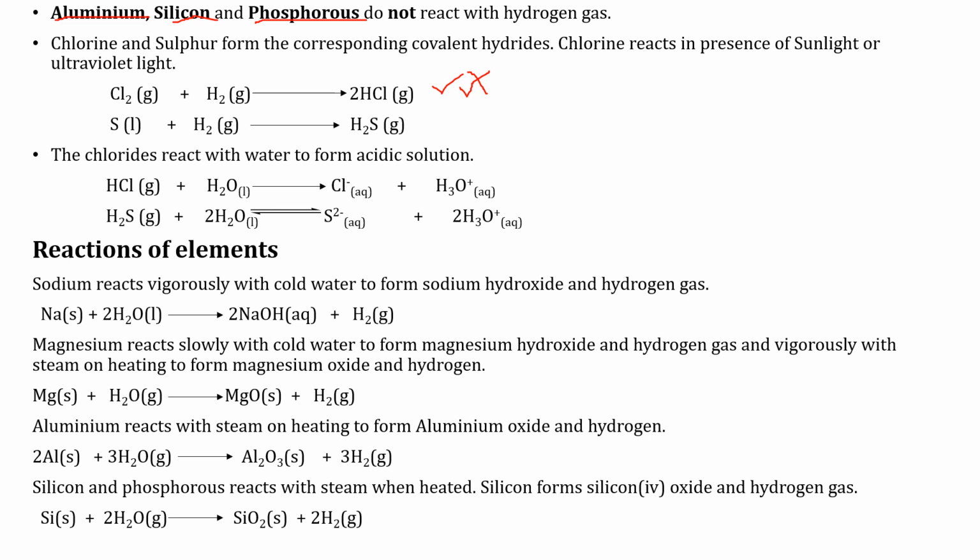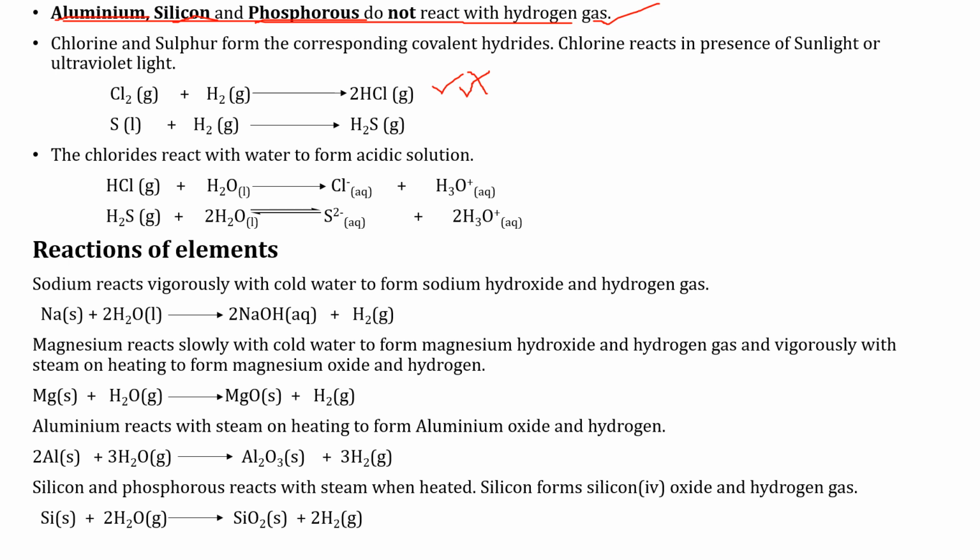And this statement of exception or abnormalities is always given 1 full mark. So as you're reading, make sure that you take note of such statements, and it's advisable to start with them as you're answering a question about period 3 elements.